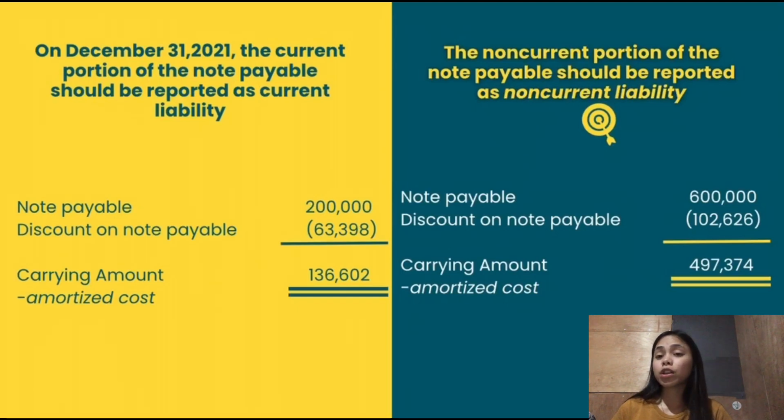And then we deduct it from the note payable, which is the remaining 600,000. Then we will get our non-current liability, which amounted to 497,374. And that will be the end of my report.